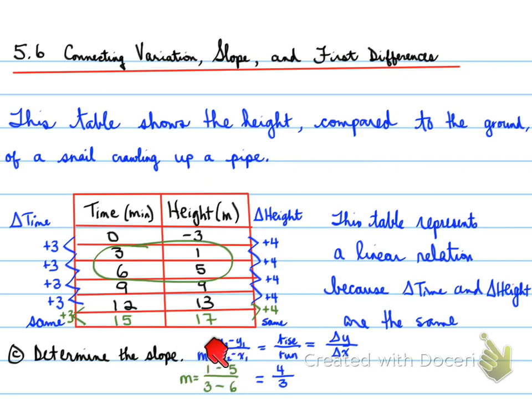We can do 1 minus 5, which gives us negative 4, and 3 minus 6, which gives us negative 3, which will equal, again, the same answer we had earlier, which was 4 over 3. Because the negatives, as you remember, will cancel each other out, so we'll have a positive value as our final answer.